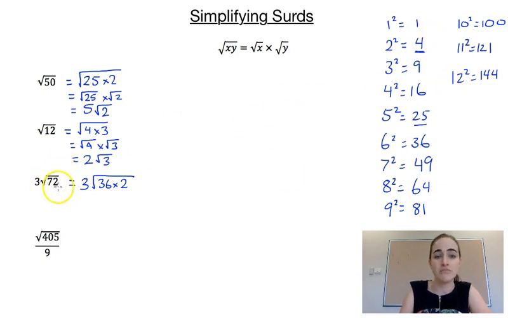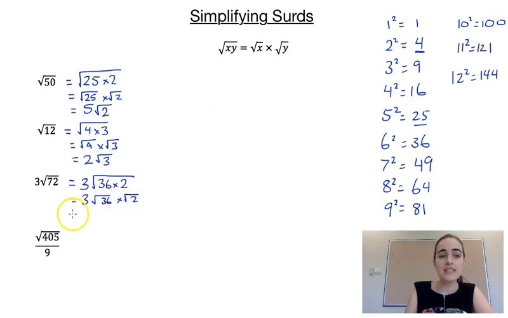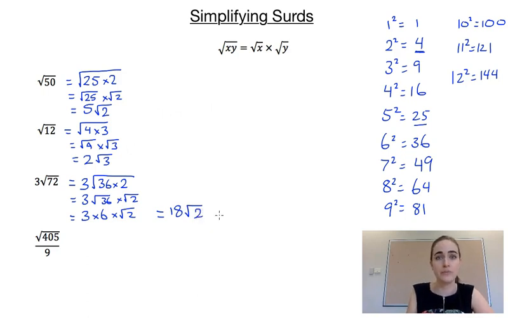You can pick 72 and go through and pick square numbers and divide and see if you get whole numbers as your answer. So then we can break that into 3 square root 36 times square root of 2. That square root of 36 is 6. So this part is going to become 3 times 6 times the square root of 2. I've run out of room, so I'm just going to put it over here. And 3 times 6 is 18. So we would have 18 root 2.